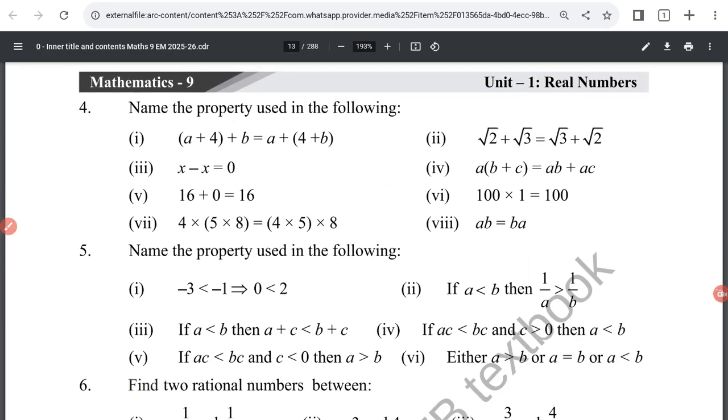In question 4, we need to give the name of the property used in the following.